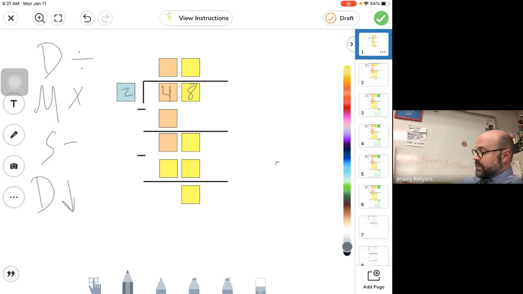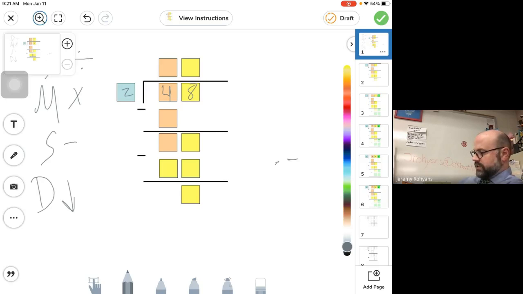All right. So the number I have out here is a 2. It's in this blue square right here. Underneath the brackets here, my dividend, I have the number 48. The number I am first worried about is the number in the orange square. Brownish orange, I don't know what you want to call that.